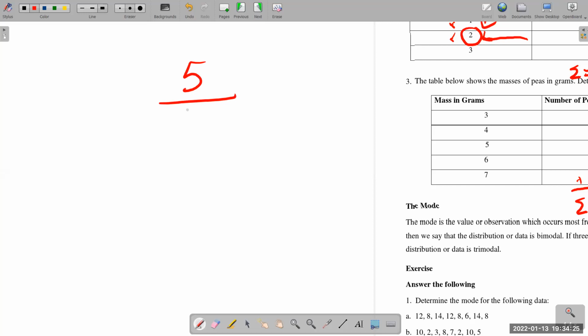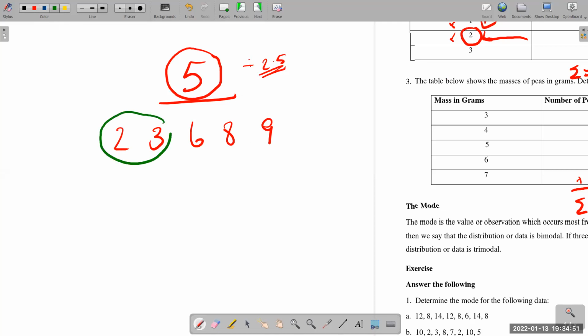Let's use some random numbers. Let's use 2, 3, 6, 8, 9. That's 5, right? So this is 5 numbers. If I want to find the median of 5 numbers, what is half of 5? Half of 5 is 2.5. So what does that mean? On either side of the median, I would find 2 numbers.